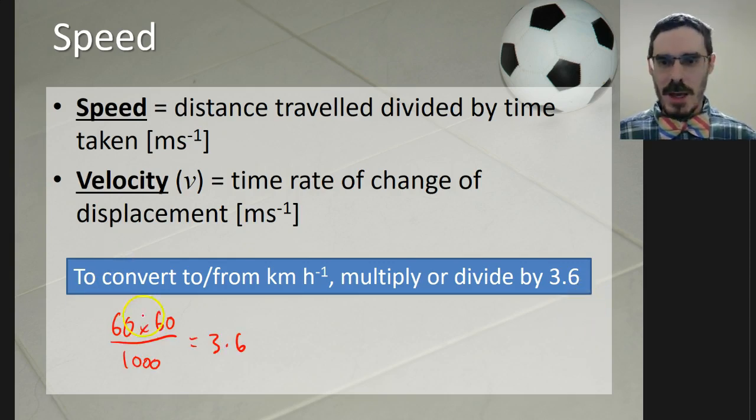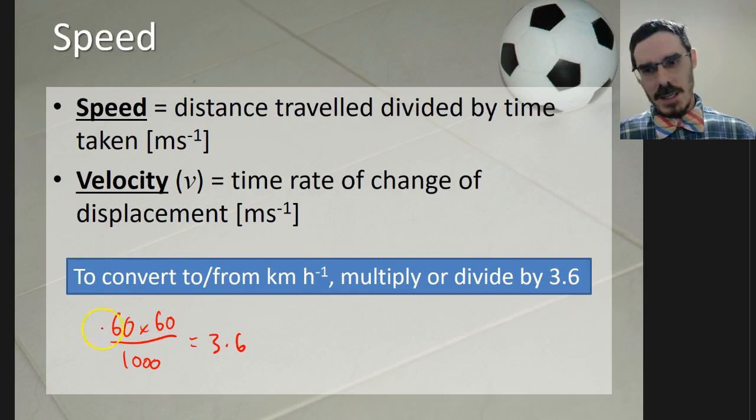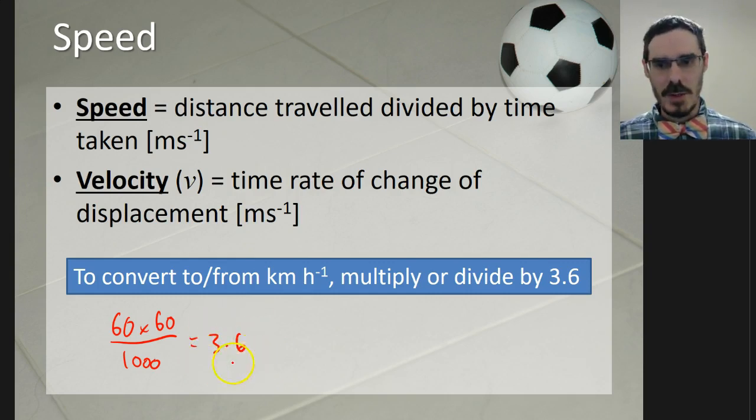Well, if you think about it, there are 60 seconds in a minute and 60 minutes in an hour, and there are 1,000 metres in a kilometre. So if you want to convert from kilometres an hour to metres per second, you're going to be dividing by 3.6. To convert from metres per second to kilometres per hour, multiply by 3.6.